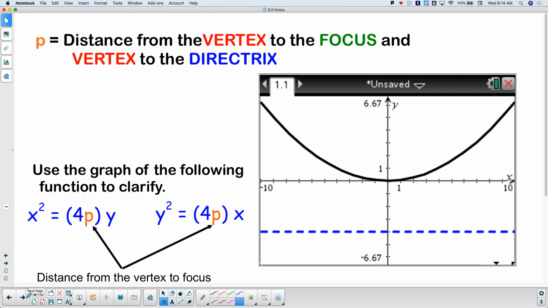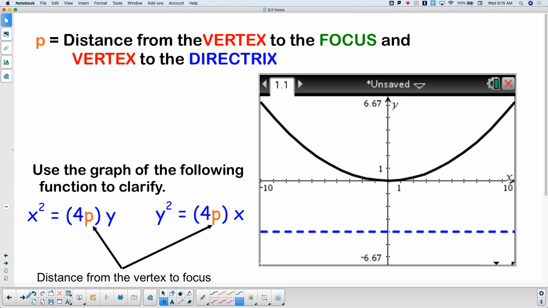You're going to learn all about P today. Okay. P is the distance from the vertex to the focus and from the vertex to the directrix.